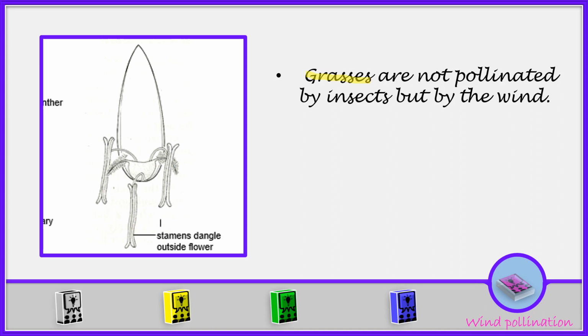Grasses are not pollinated by insects, but by wind. Insects do not come to pollinate the grass; it is going to be pollinated by wind. I think that is the reason why the anthers are hanging outside of the bract, so that wind can blow the pollen and carry it to another flower.